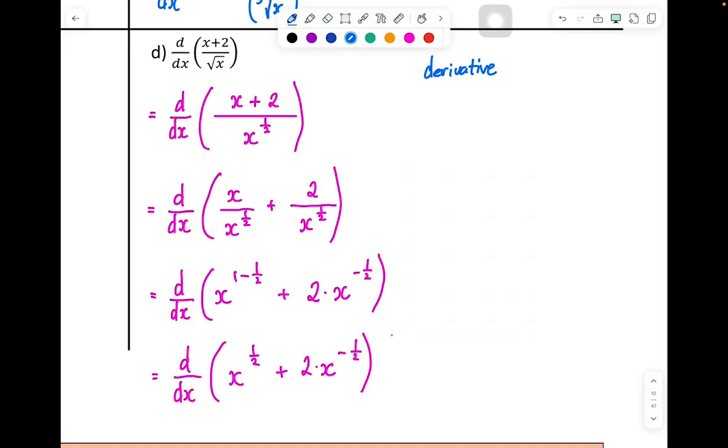So now we're going to find the derivative. Because it's an operator notation, our next line is just going to become an equal sign, and we start differentiating. Negative a half times 2 becomes negative 1, negative 1x.